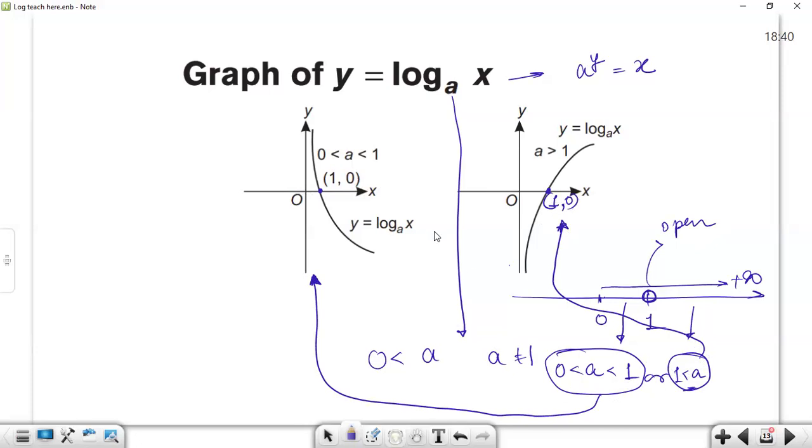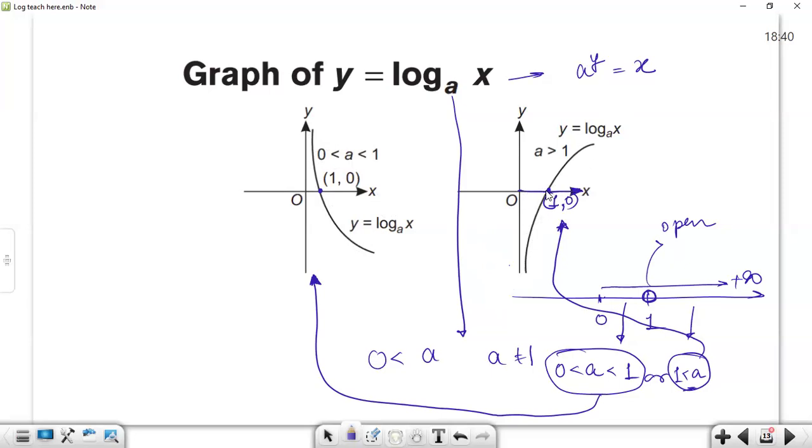So when the base is between 0 and 1, the graph is decreasing. It's going down. The value of y is decreasing. And when the base is more than 1, with an increase in x, the value of y is increasing. With an increase in x, meaning when we are going to the right of the origin, the value of y is increasing.